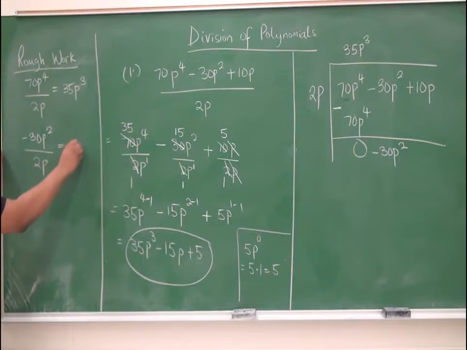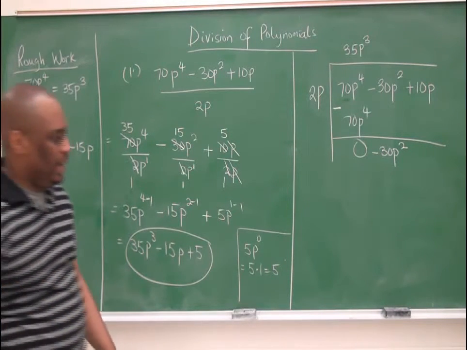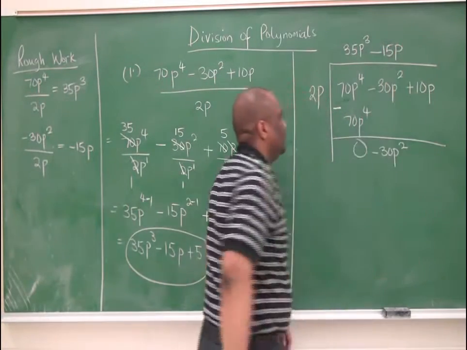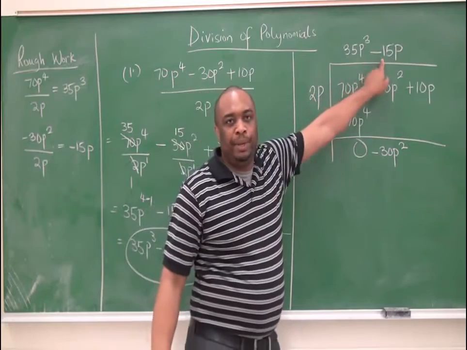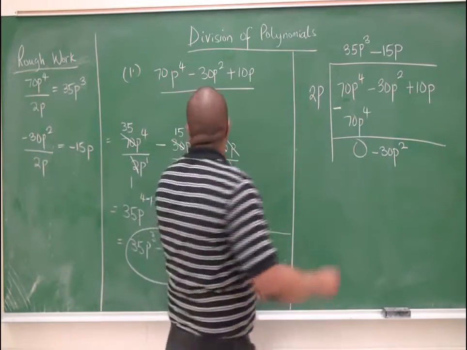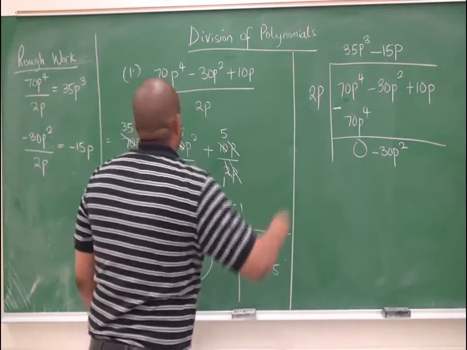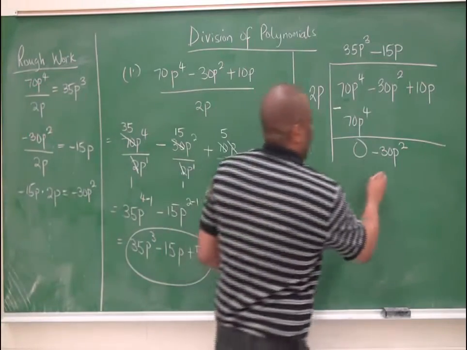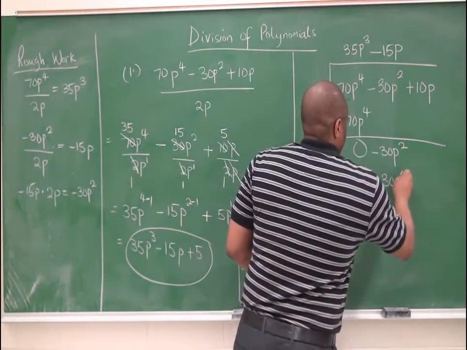And that gives you minus 15p. Then you go back here and you put minus 15p. Then you now do minus 15p times 2p. It gives you minus 30p squared. So you come over here, you write minus 30p squared.